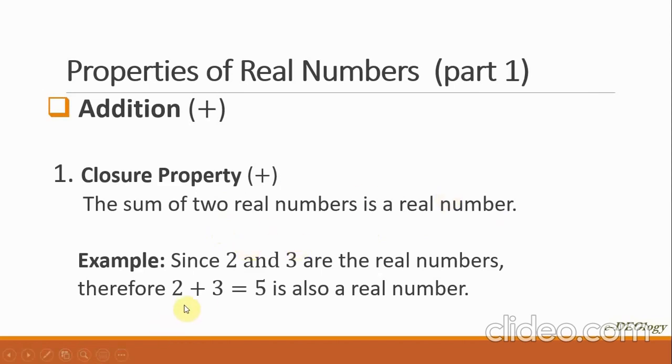If we add these two numbers, 2 plus 3, the answer will be 5. And this 5 is also a real number. That is property number 1, closure property.